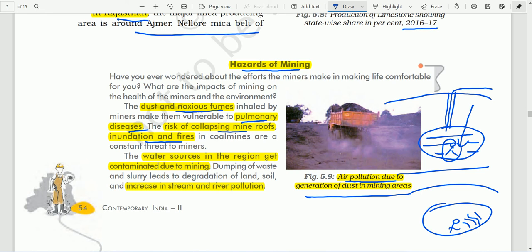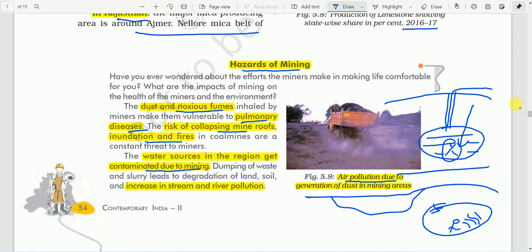Another hazard: the water sources in the region get contaminated due to mining. For example, here we have a water body near the mining activity.